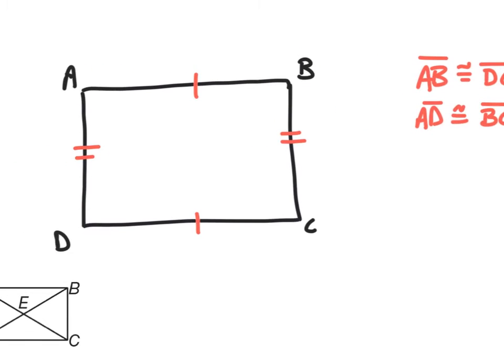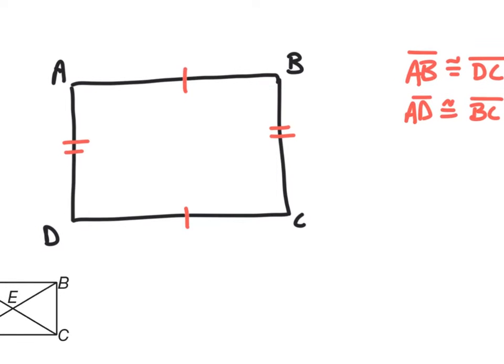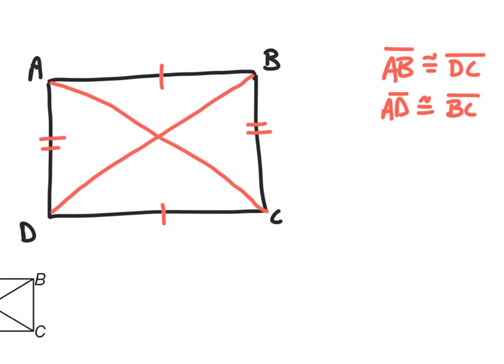And then we know that the diagonals are congruent as well. So I'm going to draw in the diagonals in red. What we then know is that AC is congruent to BD.